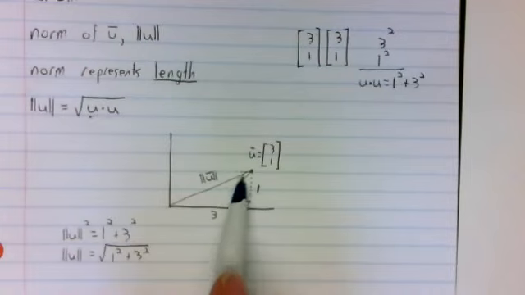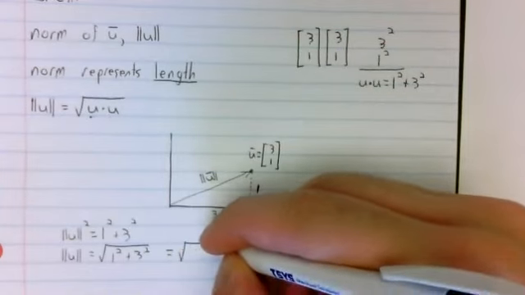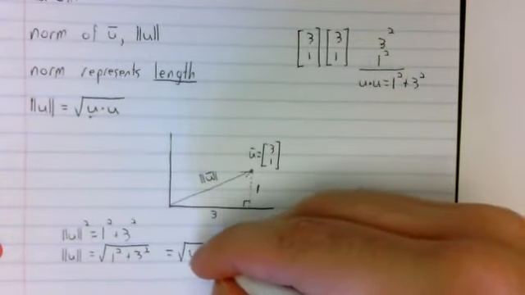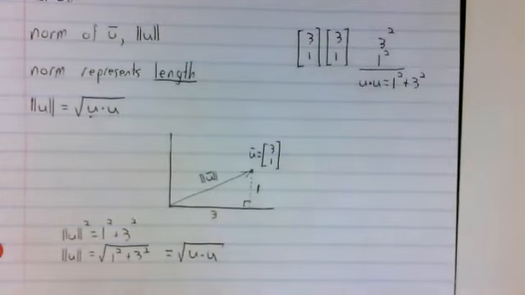So the length of this vector, according to the Pythagorean theorem, really is the square root of the dot product of the vector with itself.